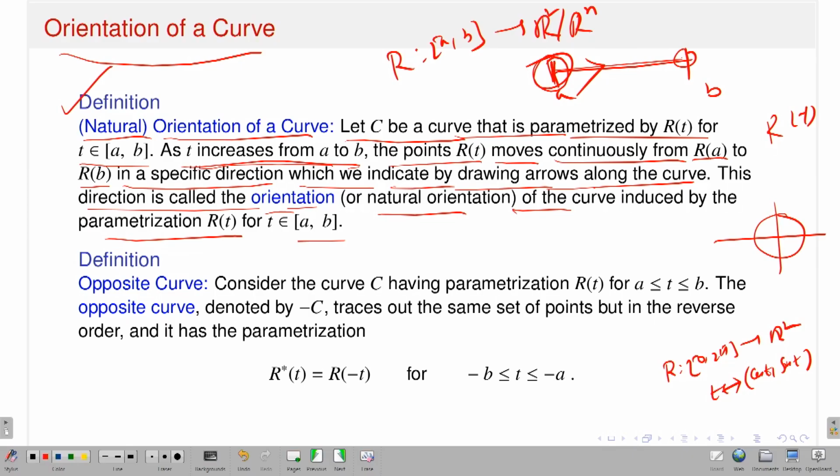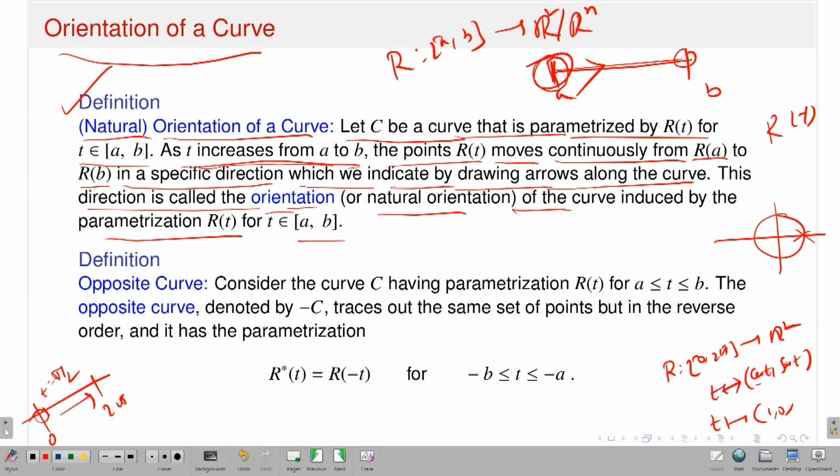But if I take t equal to 0, which point will it give? It will give 1 comma 0, this is the point 1. Now t runs from 0 to 2 pi. This is my 0 and this is my 2 pi. If I start from 0 and go towards 2 pi, at some point I will cross t equal to pi by 2.